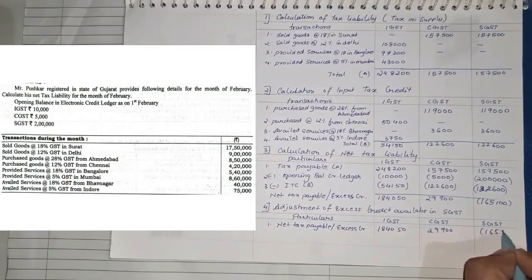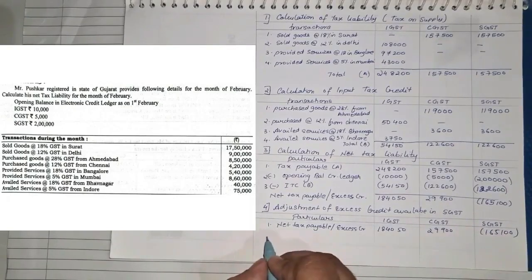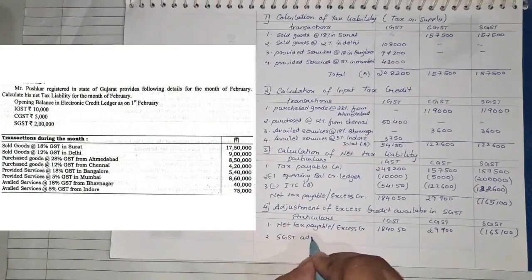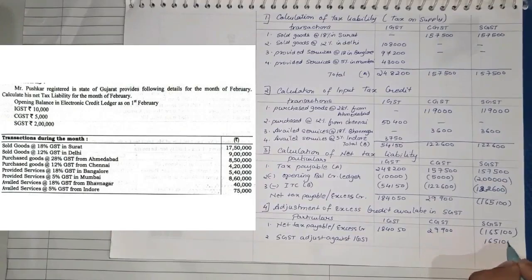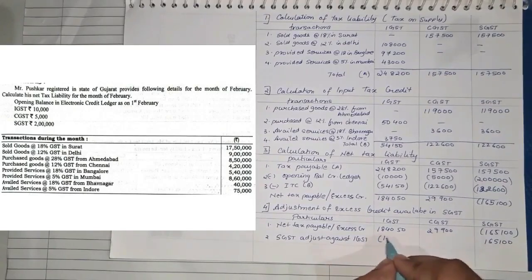We had 1,65,100 as negative. Step number 2, now we are going to adjust this. So I'll write here SGST adjust against IGST. So I'll put this as positive 65,100 and I'll put it here as 1,65,100 as negative.